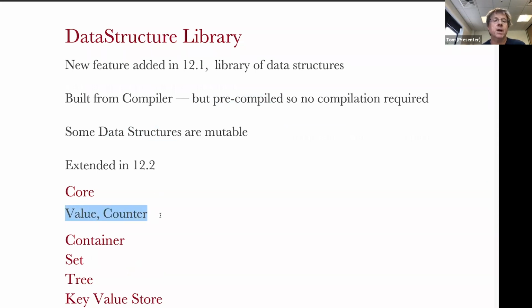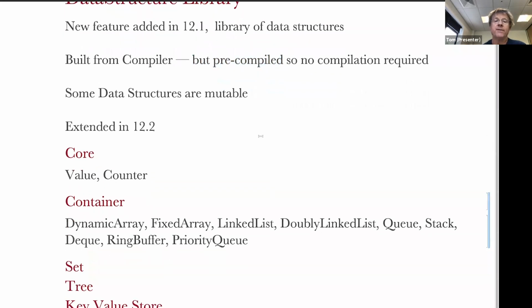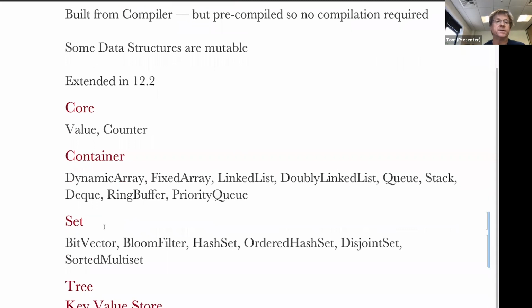So just to list some of what we've got: some core things like a counter and a value. We have a whole load of container data structures, such as an extensible array, a linked list, queues, stacks and buffers. We have a bunch of sets: bit vector, various hash sets, disjoint sets, sorted multi-set.